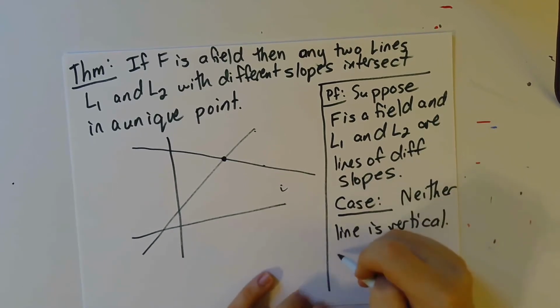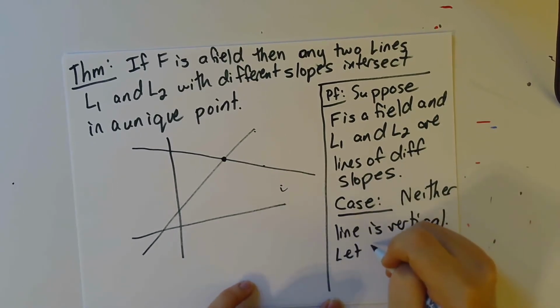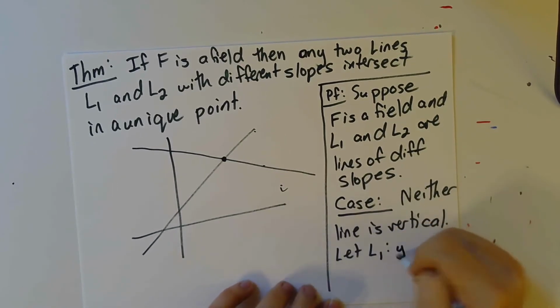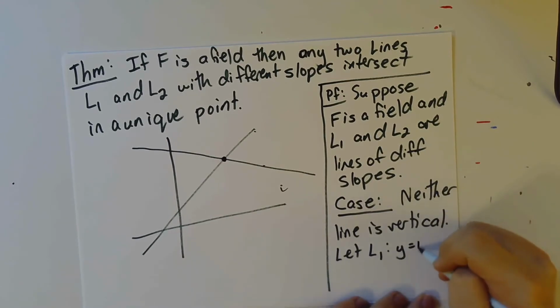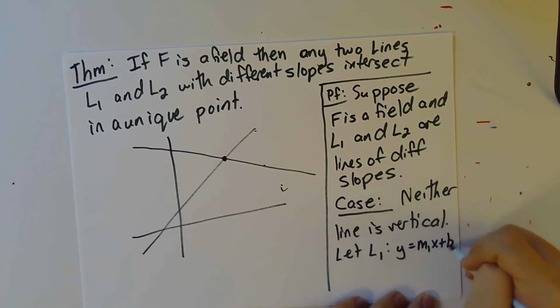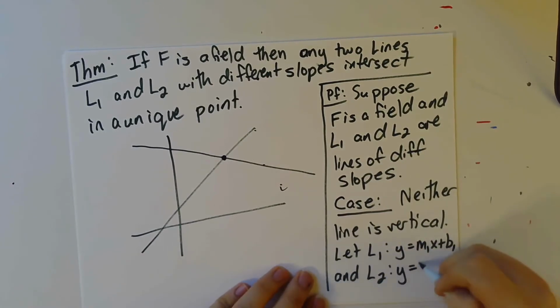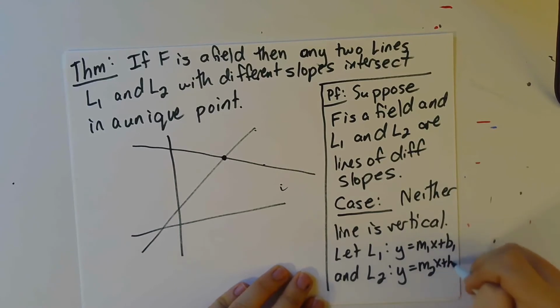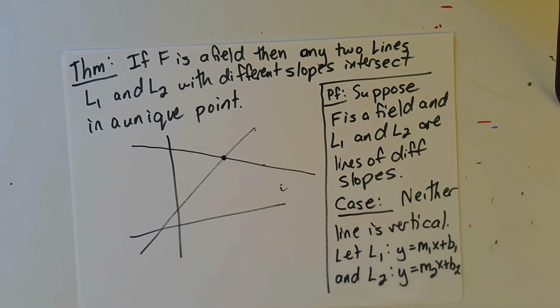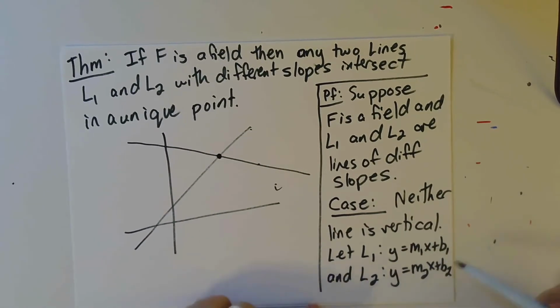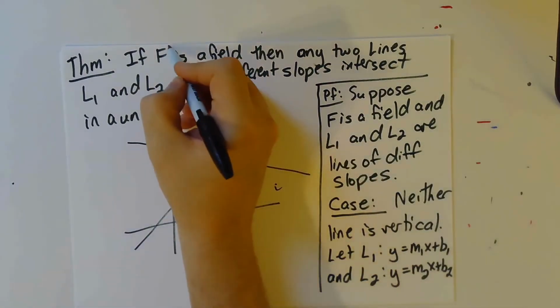So I'm going to let L1 be given by y equals m1x plus b1, and L2 be given by y equals m2x plus b2. And I want to show you that these two lines intersect, using only the fact that all these things are happening in a field.